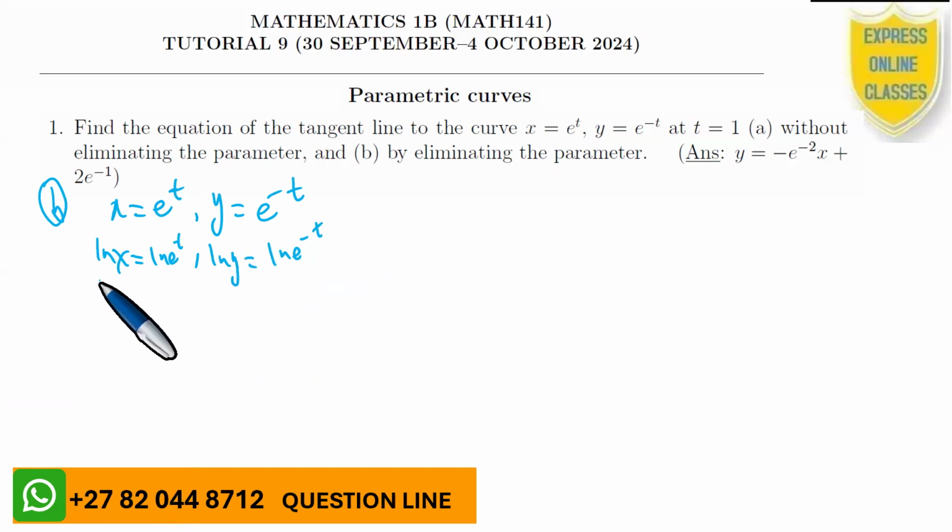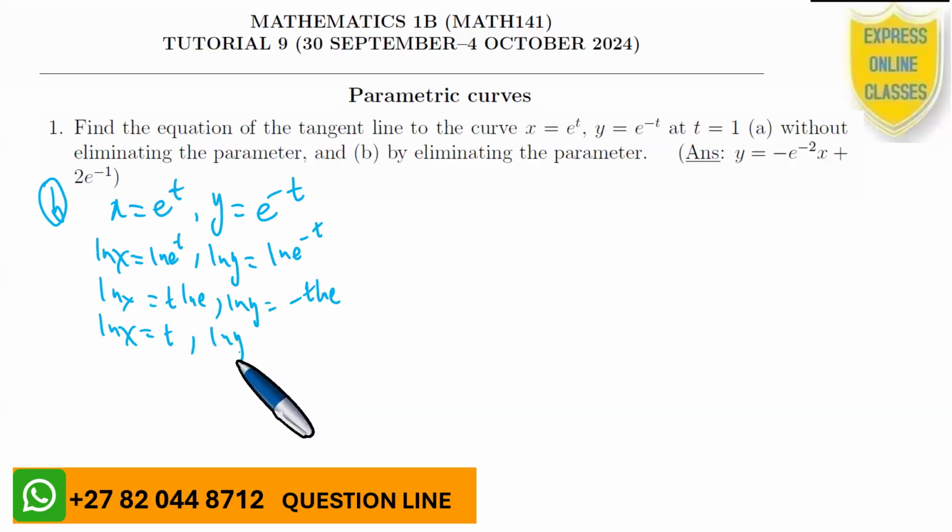So ln x is t ln e, ln y is minus t ln e, which is minus t, which means that ln y is minus t, but t is ln x.